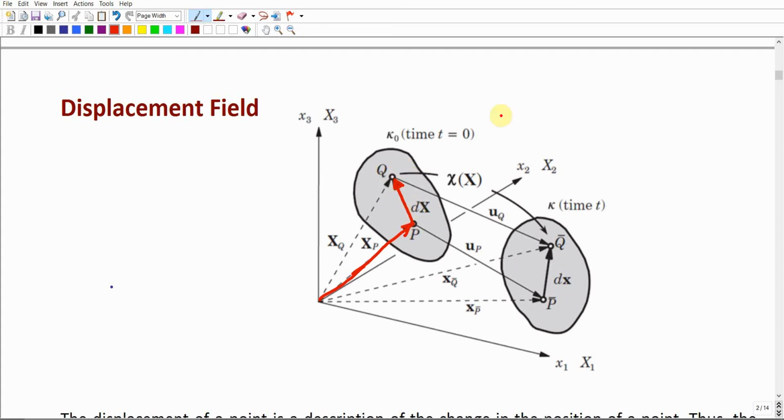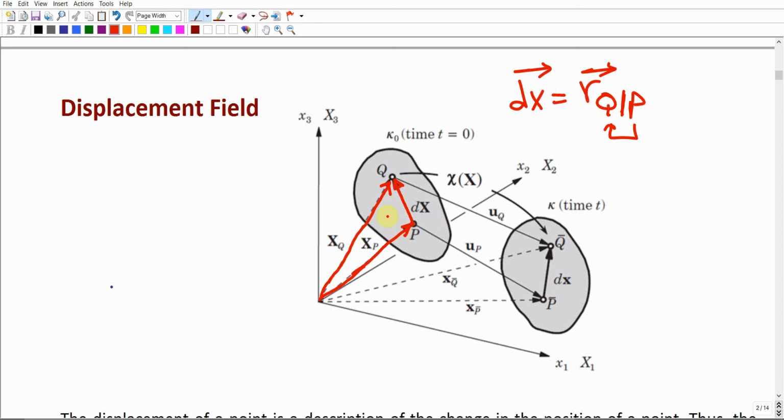It means that this dx is the position vector of point Q with respect to P. So it looks like you're moving from P to Q. And this should be the other position vector, XQ. If you remember from the kinematics of machinery class, we can write a loop closure equation for these 3 position vectors.